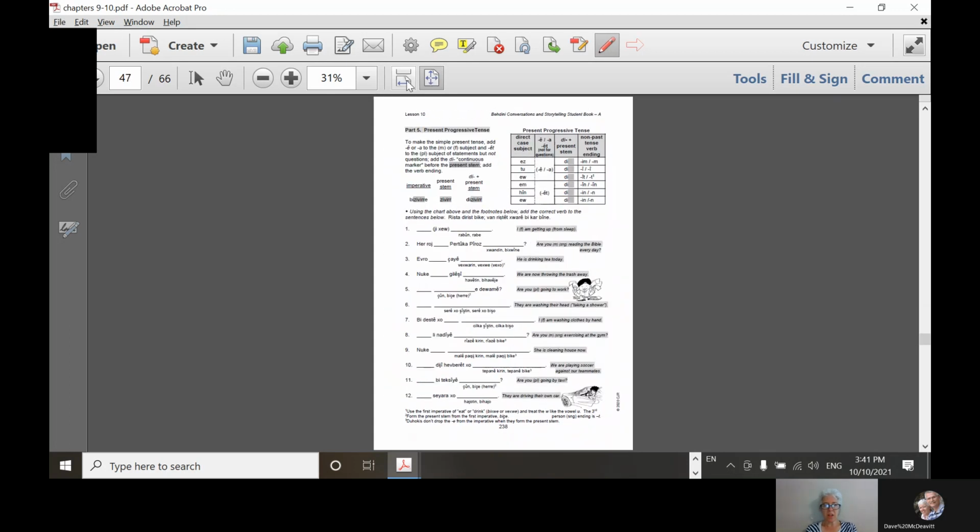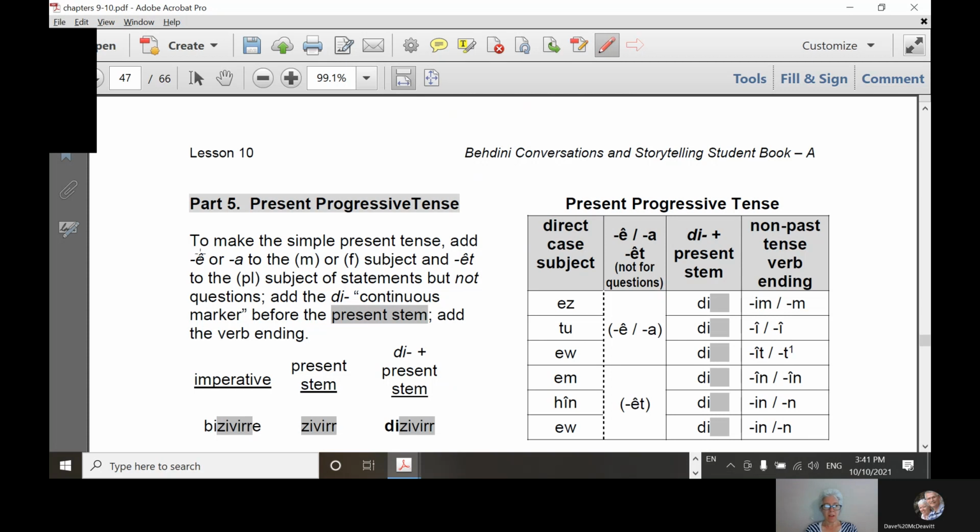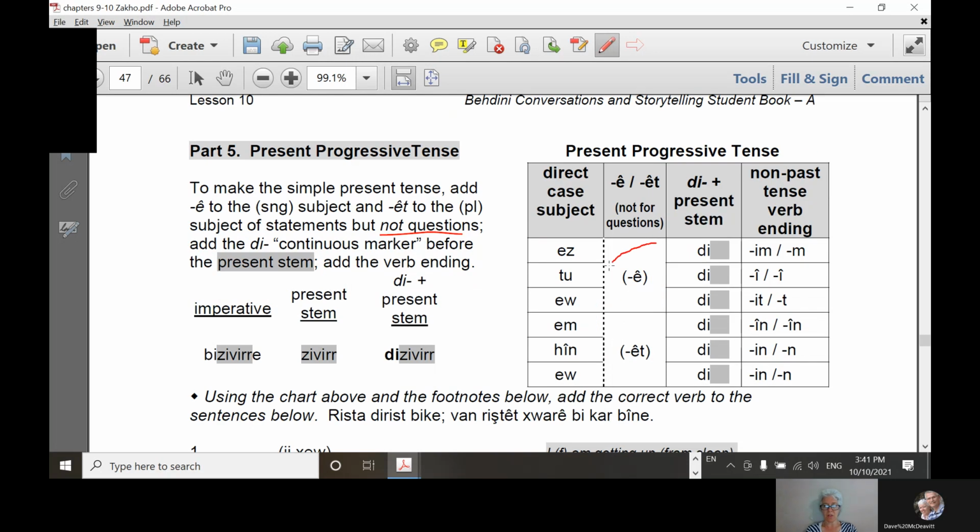In Tehuki, you add a for masculine subjects or a for feminine subjects, and then 8 for plural subjects. Okay, so this is a little difference between Tehuki and Zacholi. This is Zacholi here.